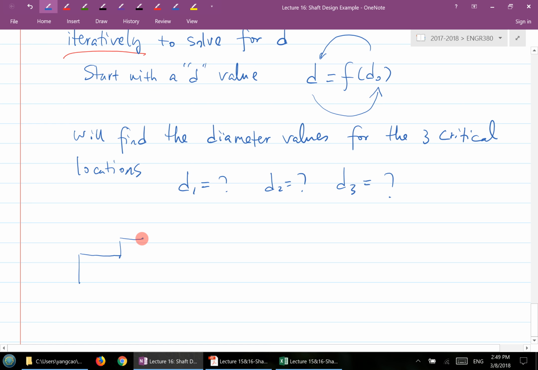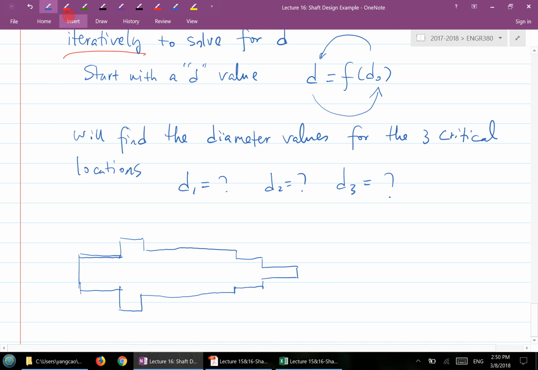Let's see, this is the layout of the shaft that is here, right?